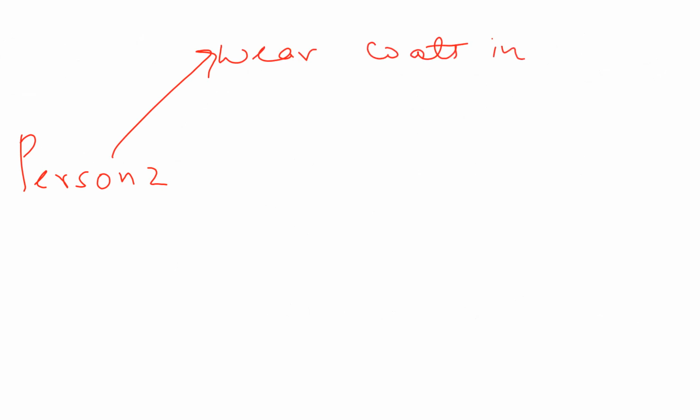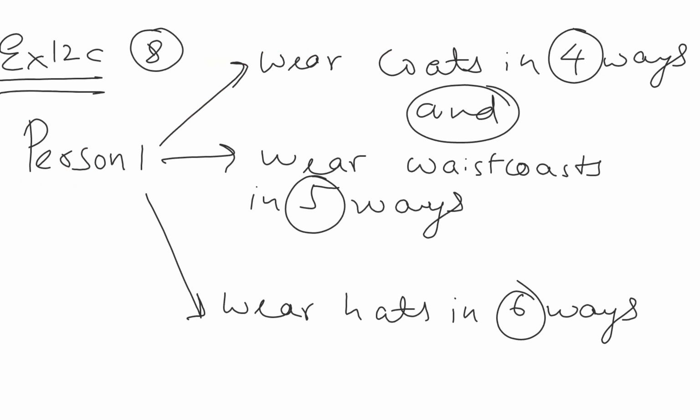Person 2 can wear coats in, see, person 1 can wear in four ways, but then he will select any one coat. So now if person 1 is selecting one coat, the number of coats left will be, you can put it on the chat box.